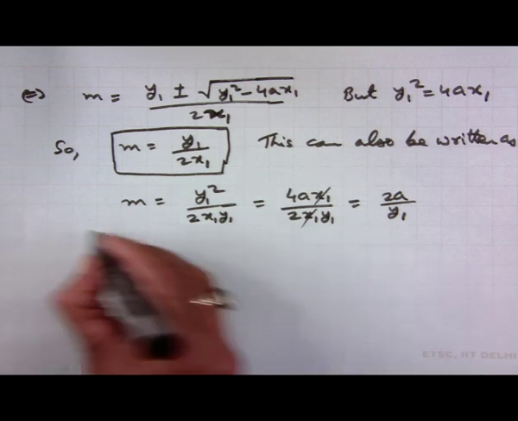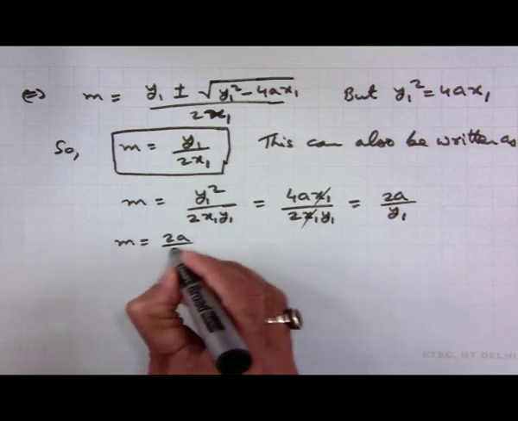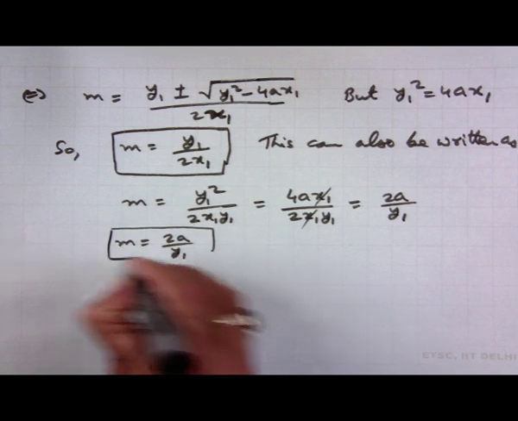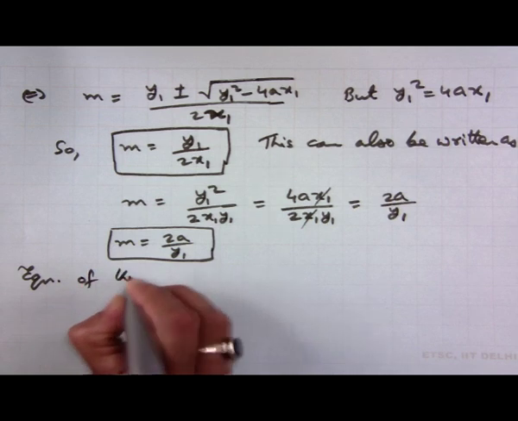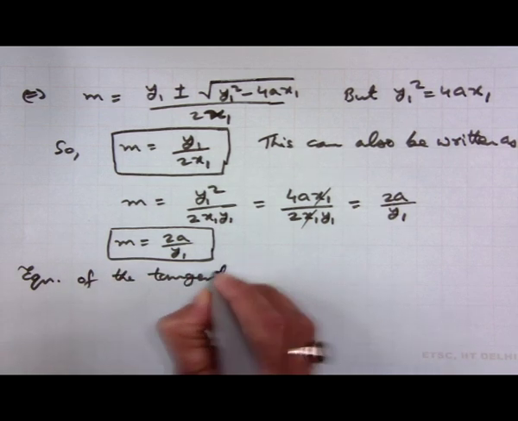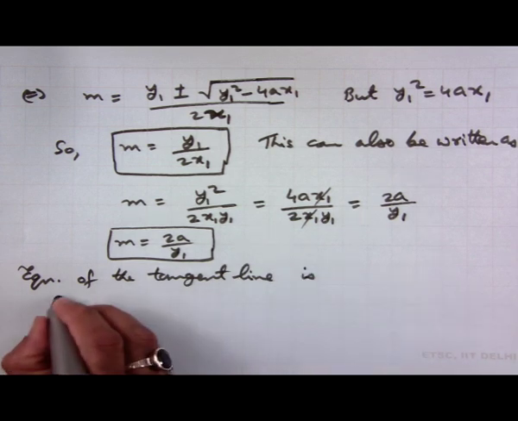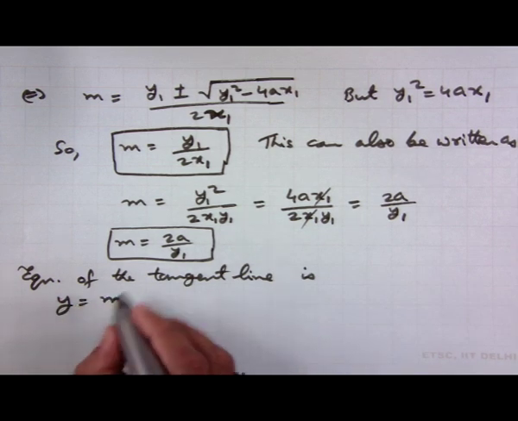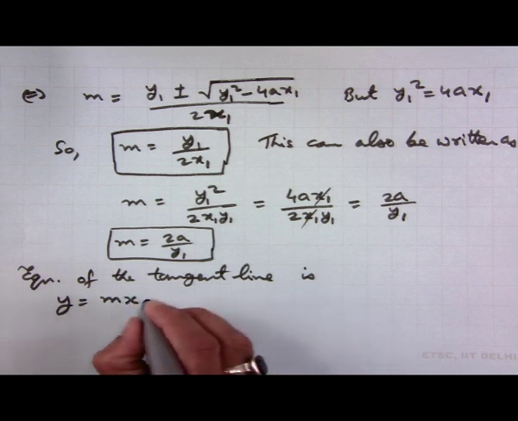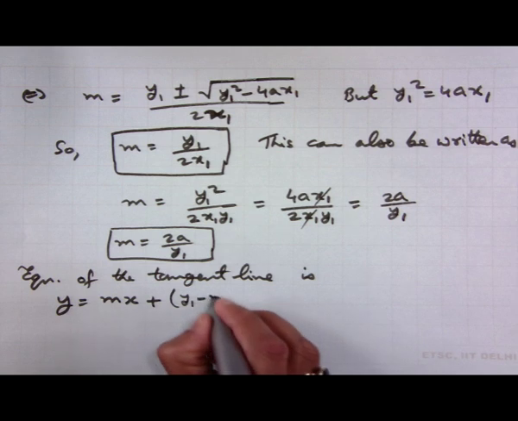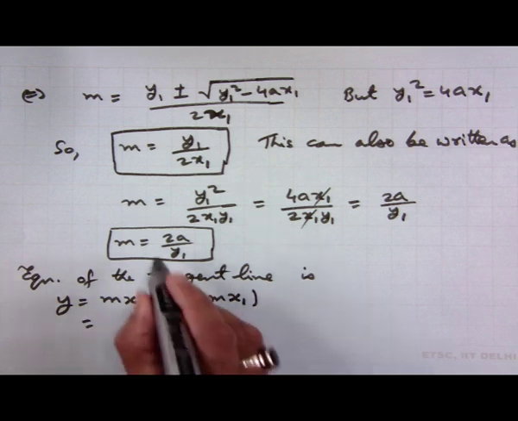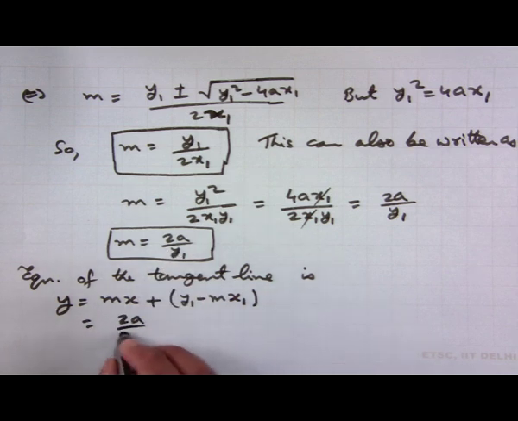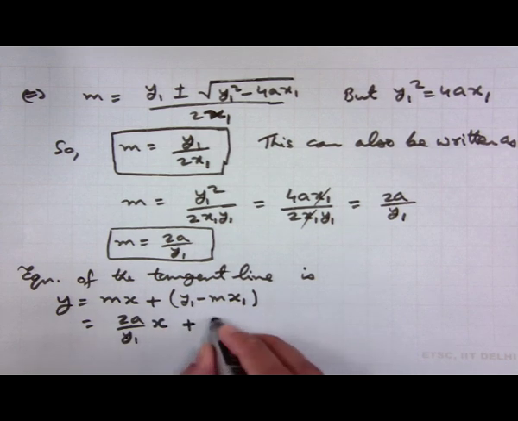So, we get this formula m equal to 2 a divided by y 1, and the equation of the tangent line is y equal to m x plus c was y 1 minus m x 1, which is equal to m is given by 2 a by y 1 times x plus y 1 minus m times x 1.